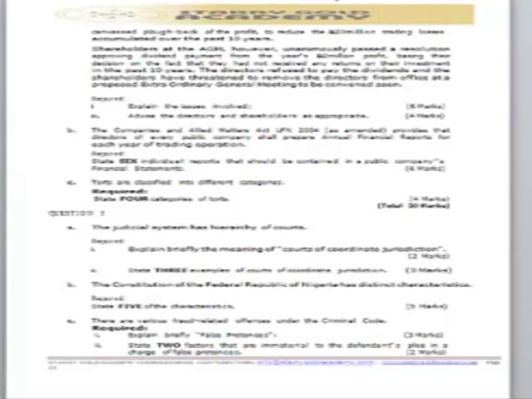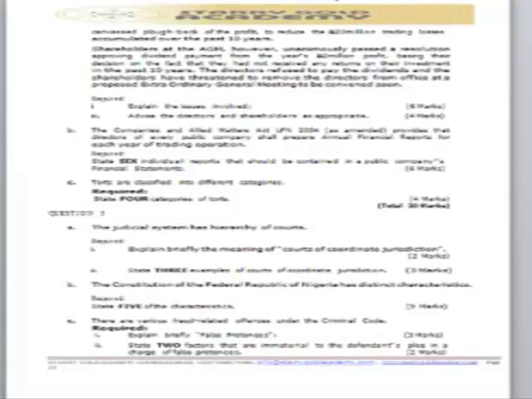Required: state 6 individual reports that will be contained in the public company's financial statement. So you see, state, it means you have to mention the reports.